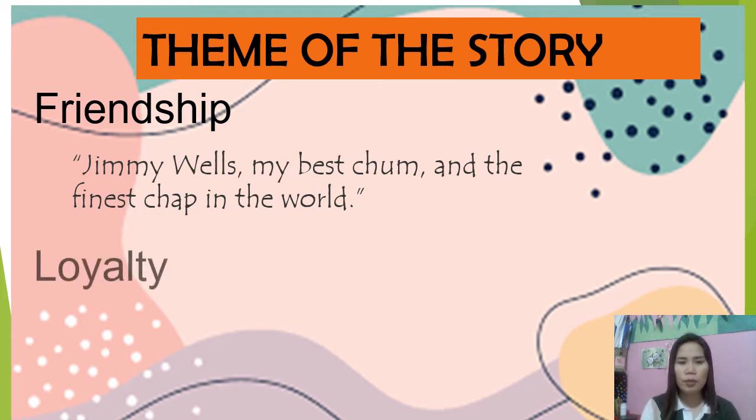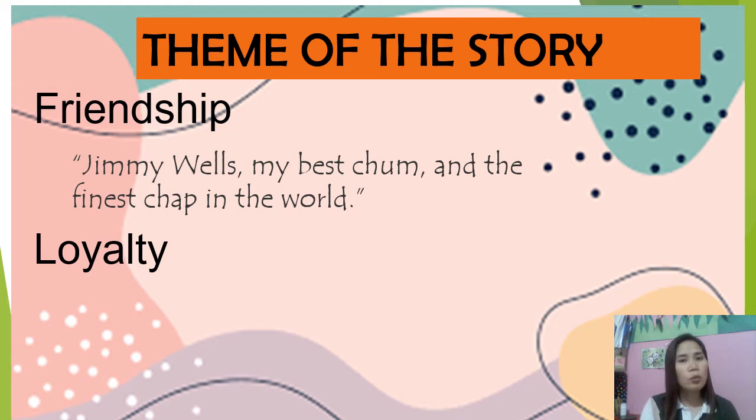All right, so next we have loyalty. From the beginning, it's obvious that Jimmy takes pride in his work. Thus, it is no surprise that he chooses loyalty to his work over his friendship with Bob.